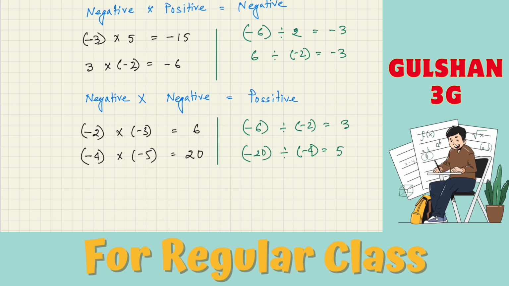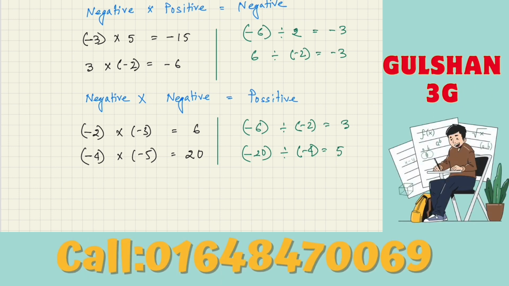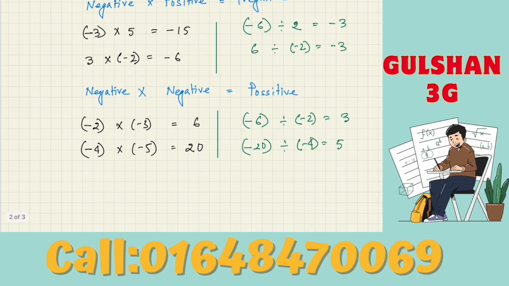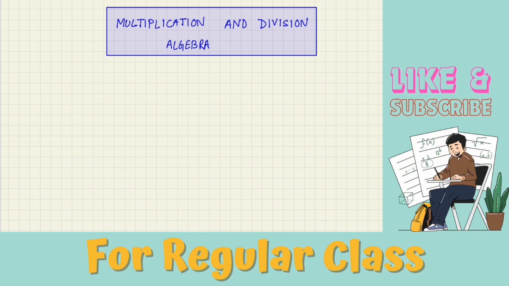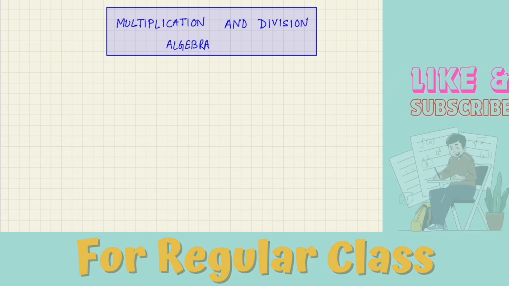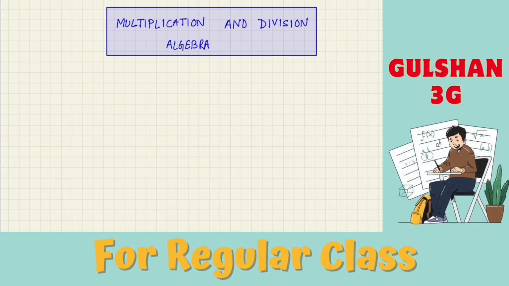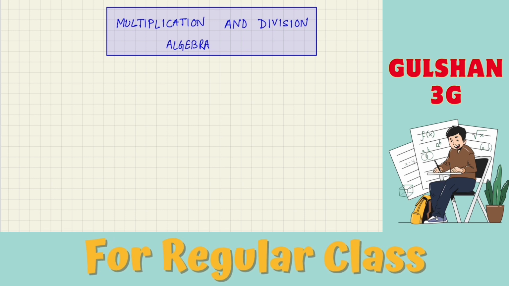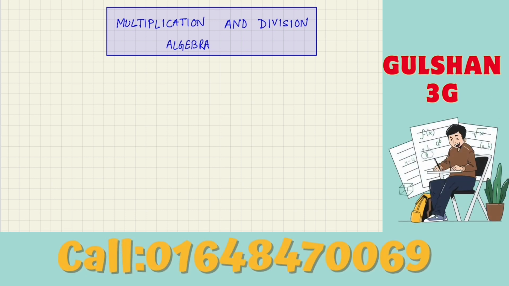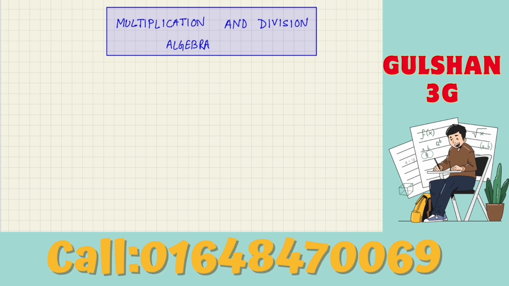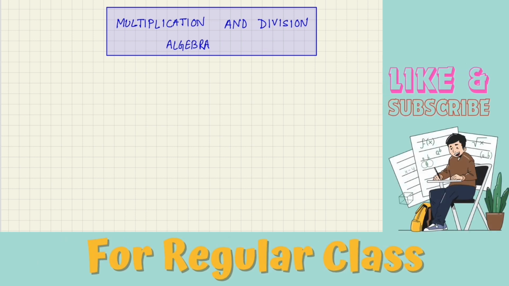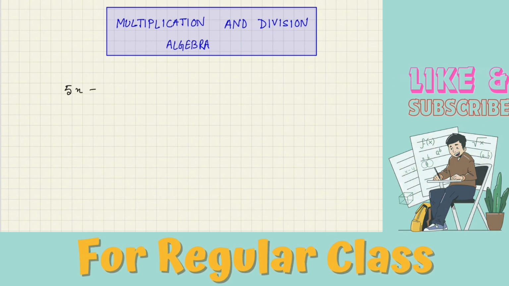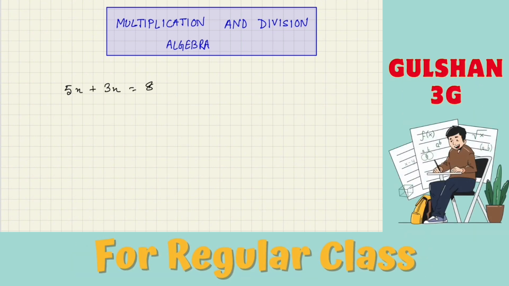Now let's learn multiplication and division in algebra. So what will happen in algebra? We saw for sum and subtraction that it is necessary for the variables to be the same, like 5x plus 3x, the result will be 8x.